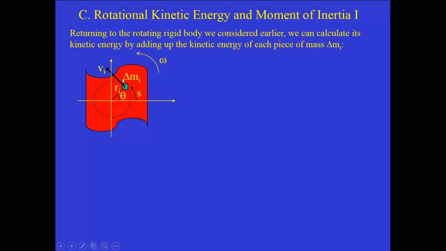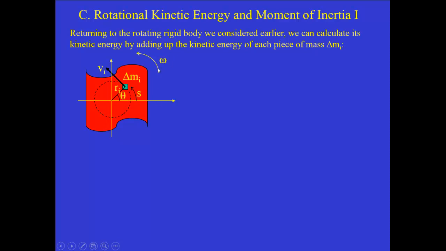Each piece we will refer to by a mass delta m sub i sitting at a distance r sub i away from the rotation axis. And so the position of that object at a certain point in time is given by this arc length s at an angle theta from the positive x-axis.